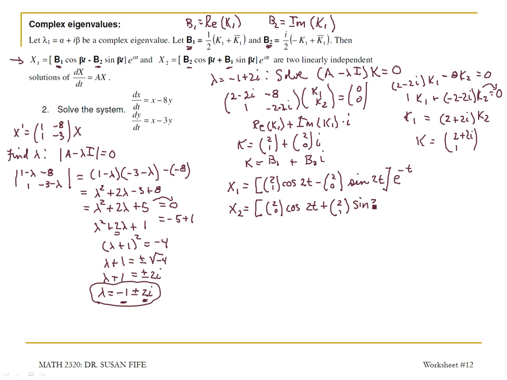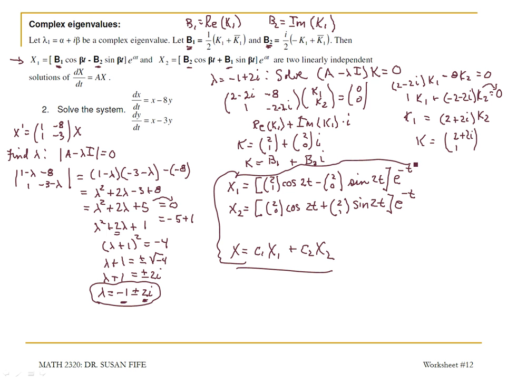I get sine 2t, e to the negative t. And our general solution, I'm not going to write it all out, but is c1 x1 plus c2 x2. So put all this together for our general solution.